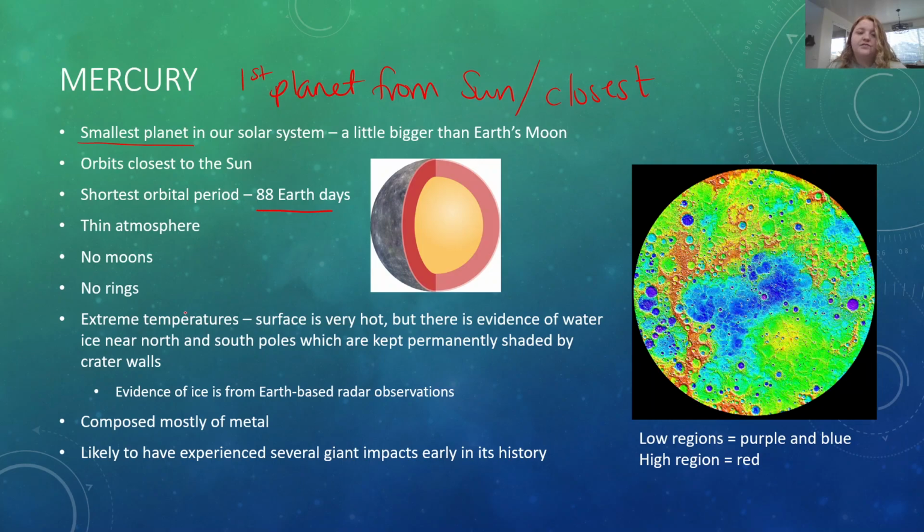It has a very thin atmosphere, no moons, no rings. Like I said, it has very extreme temperatures. The surface is very hot. There is evidence of water ice near the north and south poles. I don't have a picture of it here.